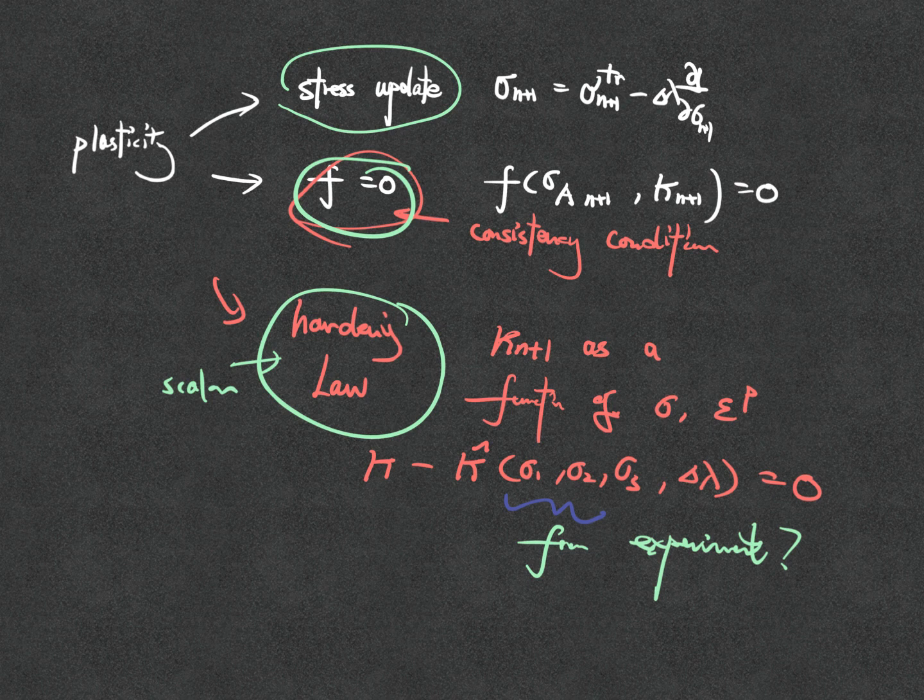Like my former student Professor Vanna's paper on machine learning plasticity, the hardening law has 16 dimensions. So this is much higher than the stress. Now but in general, why do I need to write that? It's because I need to write the return mapping.